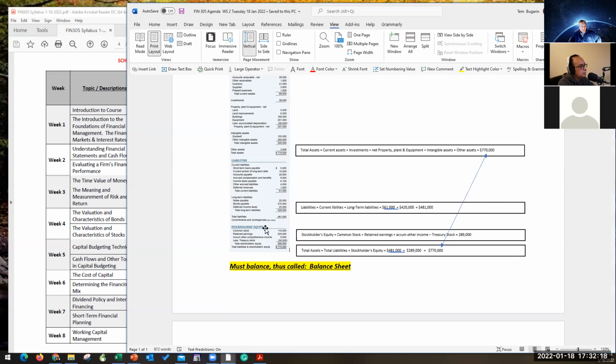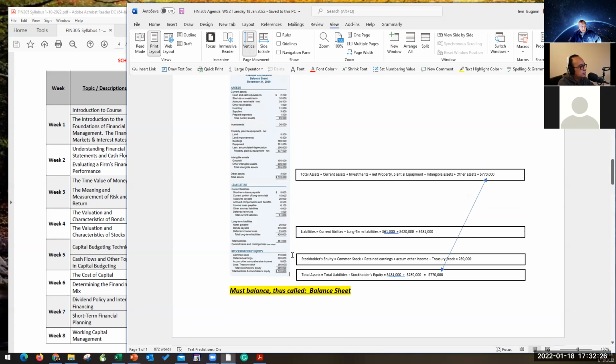That came out to 289,000. Now, when you take all this information, your total assets equal total liabilities plus equity. And that comes out to 770,000, which should total up to the total assets of your balance sheet.